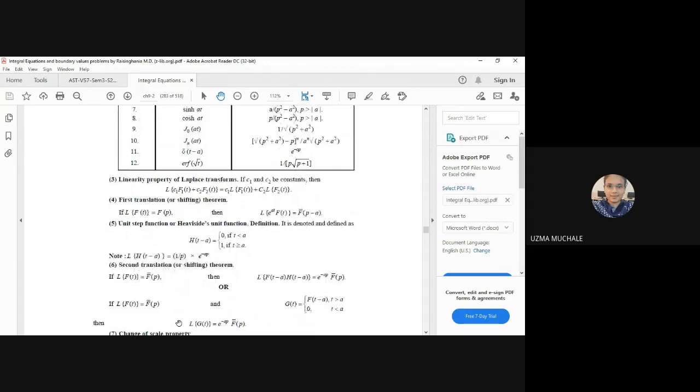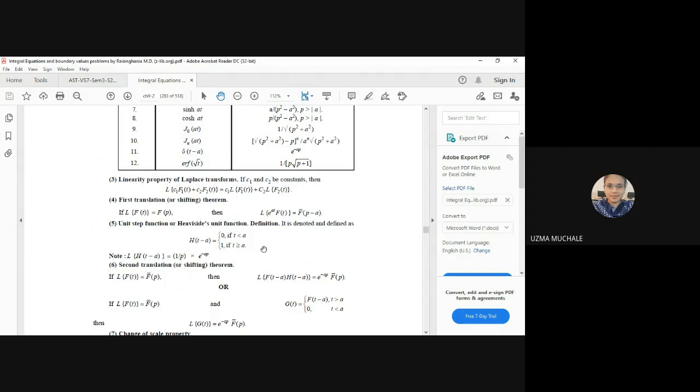Next, as I told you in the last lecture, you have to write down all those formulas and the properties. The linearity property of the Laplace transform: L of C1 f1 plus C2 f2 is C1 times f1 bar of s plus C2 times f2 bar of s.